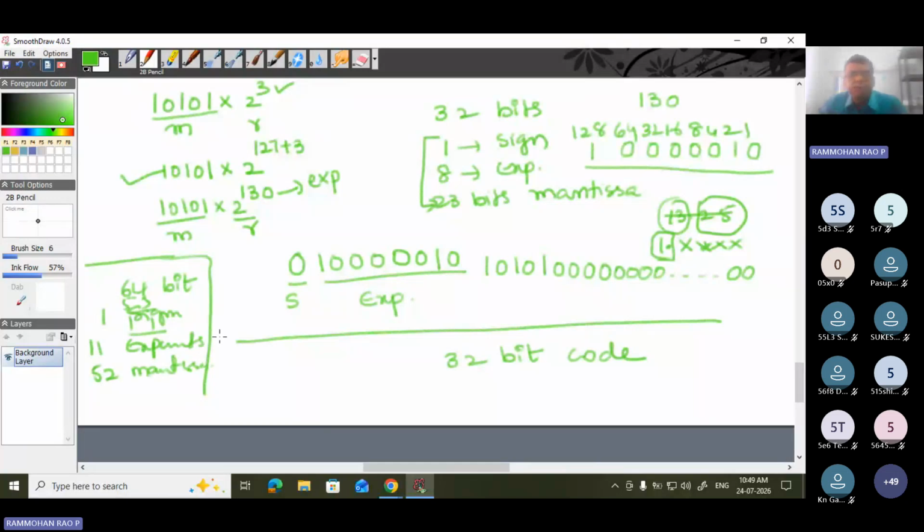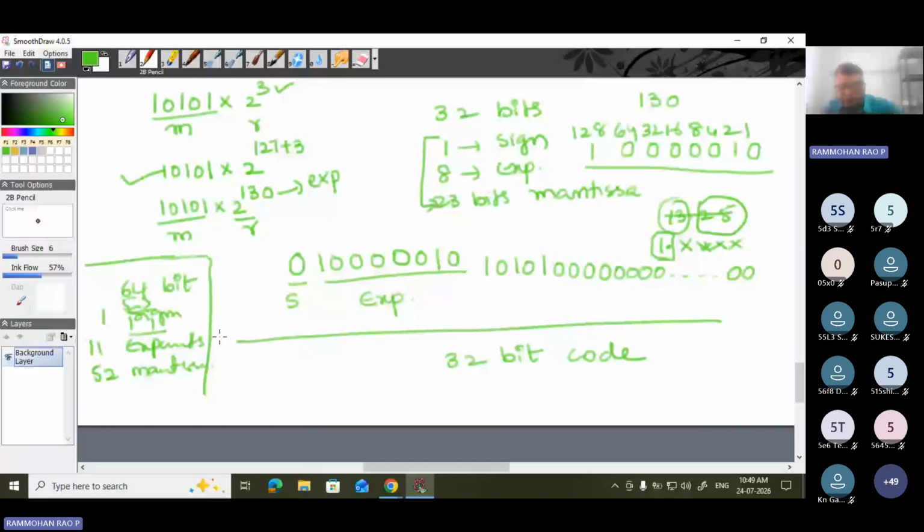Some people will think that since 8 is the number of exponent bits in a 32-bit machine, it will be 16 in a 64-bit machine. No, it's not like that. It is only 11 bits, which is 2 power 11, giving around 2046 values. It will be divided into two halves, and based on the biggest possible number which can be stored in that machine, the exponent is decided.